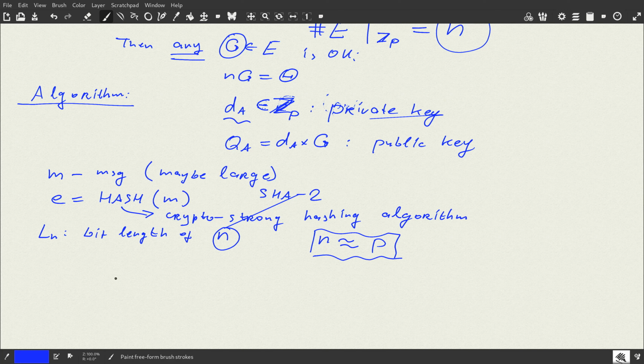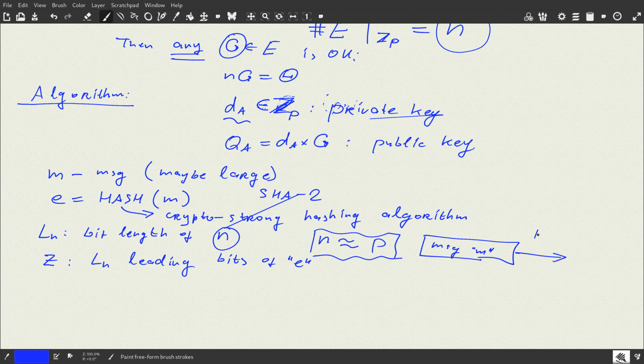So if Ln is the bit length of n, then we take the Ln leading bits of the hash. So basically, it is like this. There is a long message m.